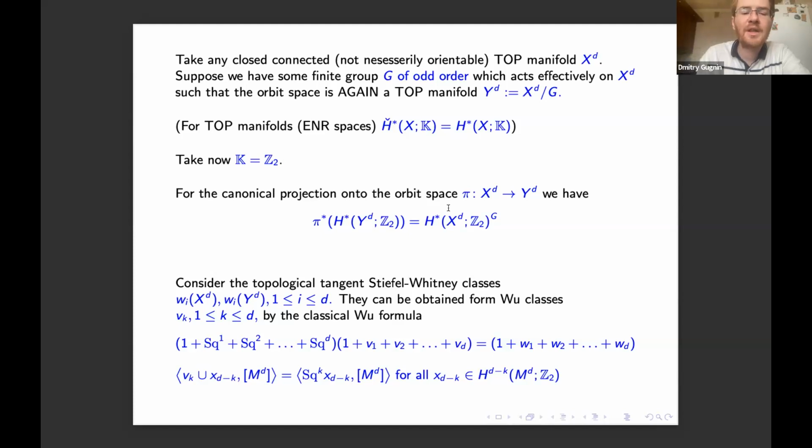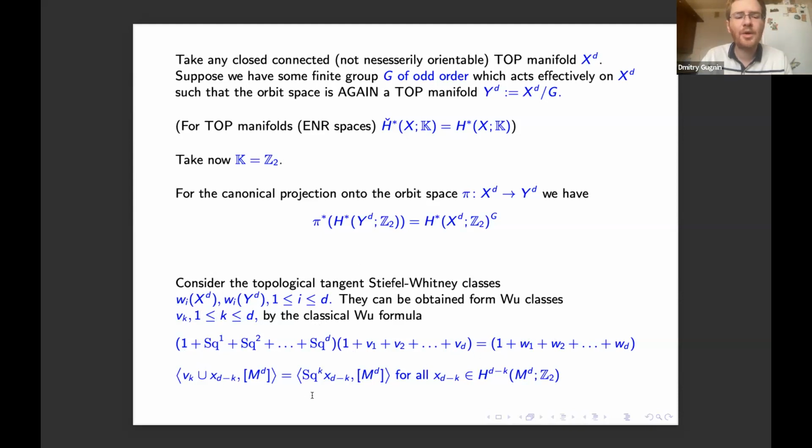So we may take topological Stiefel-Whitney classes of these manifolds and topological Wu classes of these manifolds. And there is a classical formula that if you take the total Steenrod square of the total Wu class, you get the total Stiefel-Whitney class.